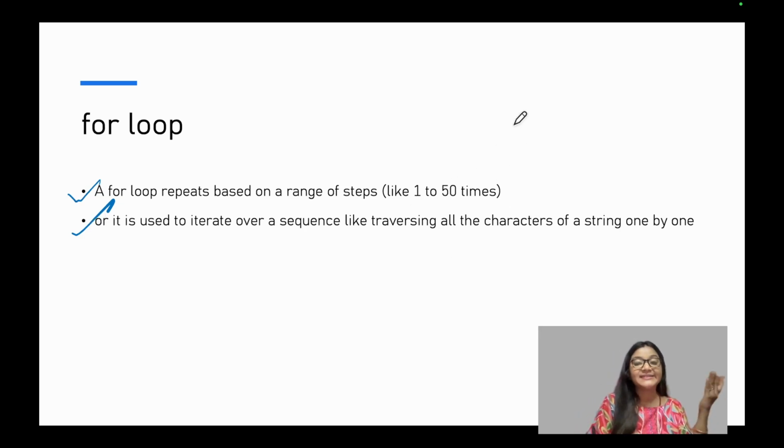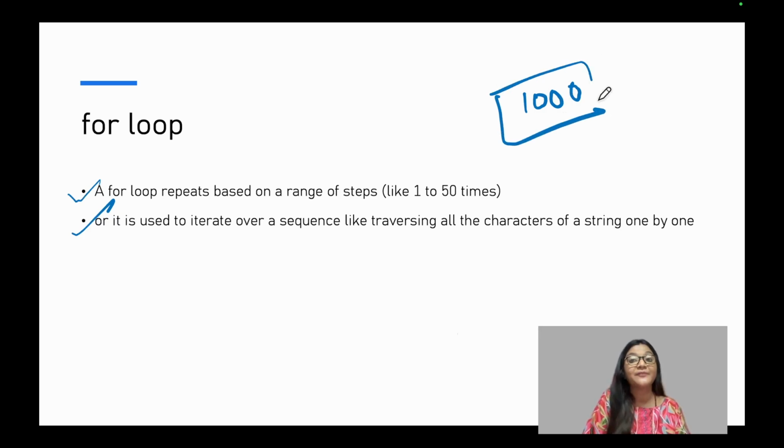Like the example I just placed in front of you, where you have to print something 1000 times. When you are sure about the number, when you're sure about the range, between 1 to 1000, then go for a for loop.